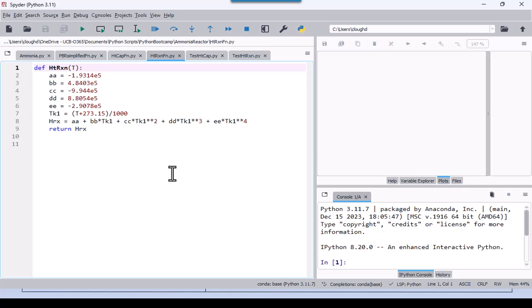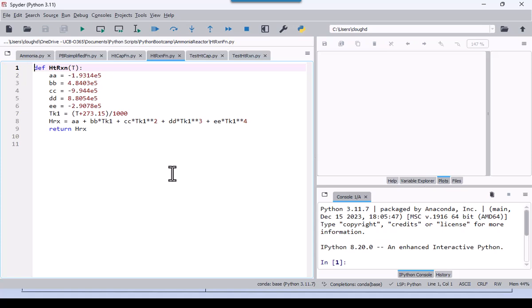And you'll notice here that because we developed this at 150 atmospheres, we don't have to make an adjustment for pressure because we're assuming constant pressure.